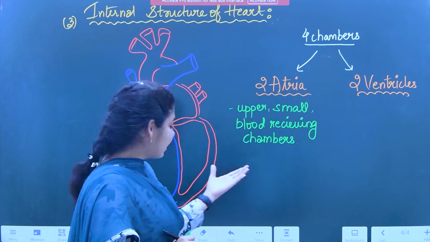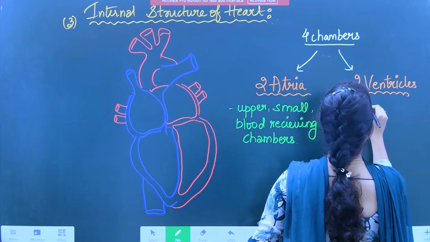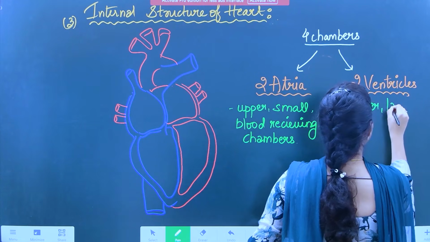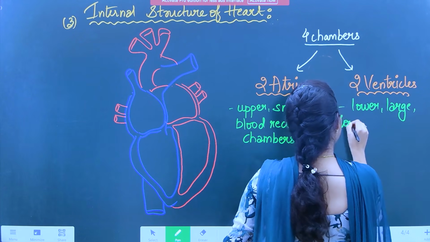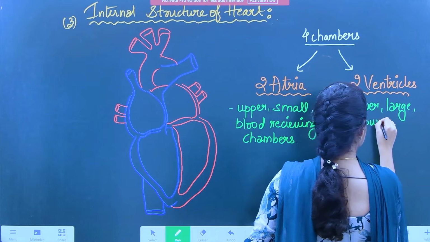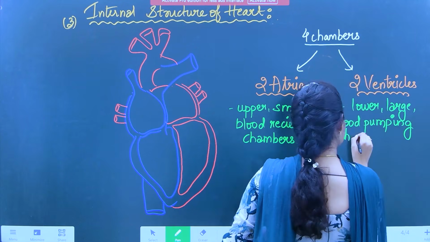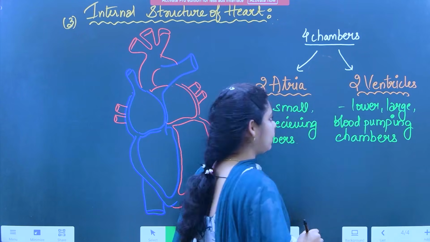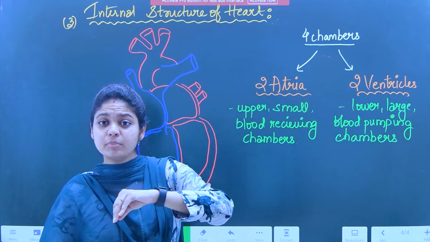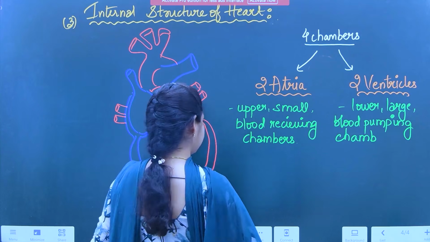Coming to the lower part, ventricles are lower, large, blood pumping chambers. So blood comes into the heart, into atria. Blood is pumped out of the heart by the ventricles. Okay, chalo.